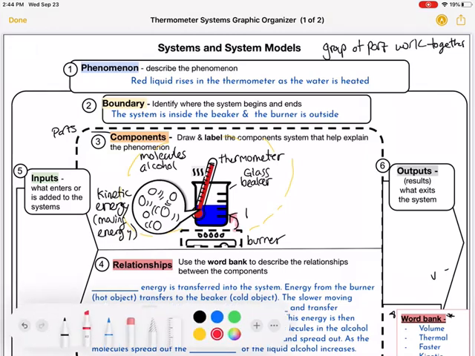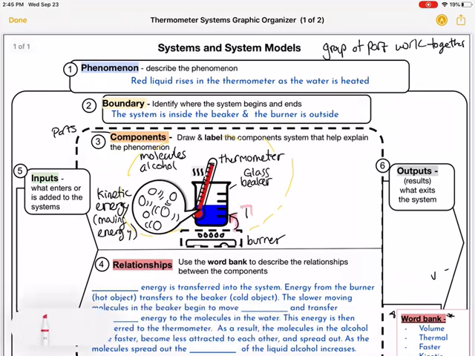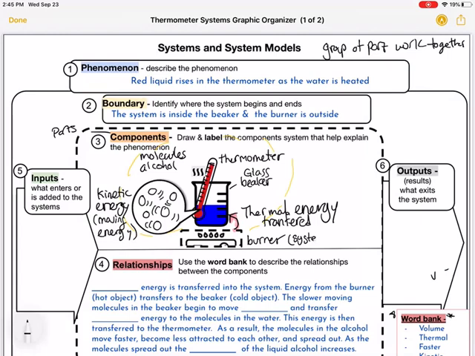Thermal energy is being transferred from one system to the other. This is the burner, its own system, but not the one we're modeling.